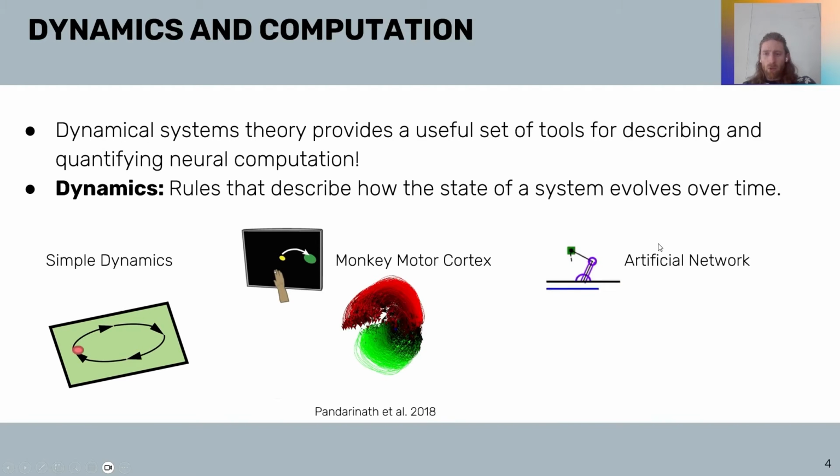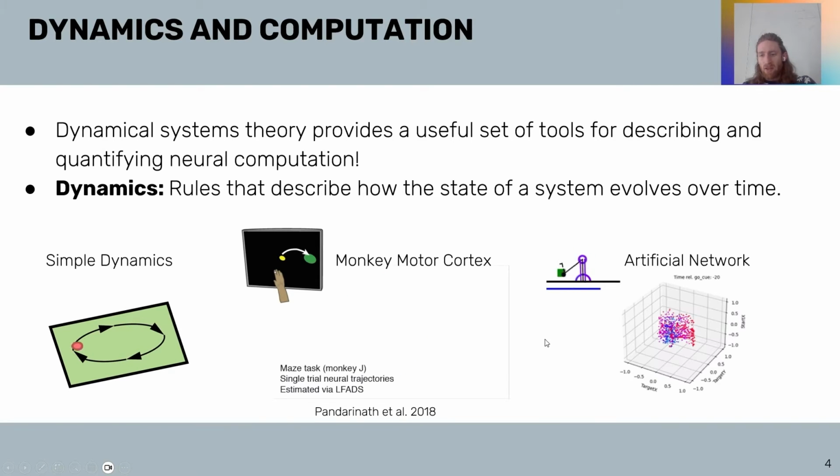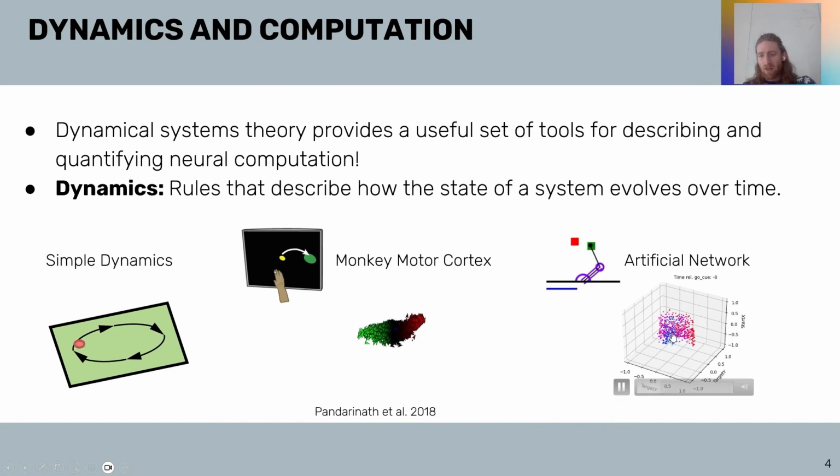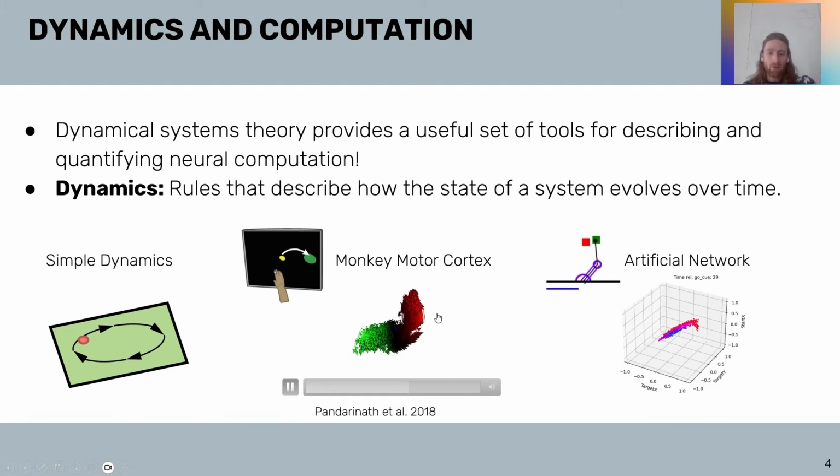Also, when we train an artificial network to perform this task and look at the latent activity inside this model, we can see features in this activity that follow a very interesting set of rules that at a high level resembles what's happening in the motor cortex.